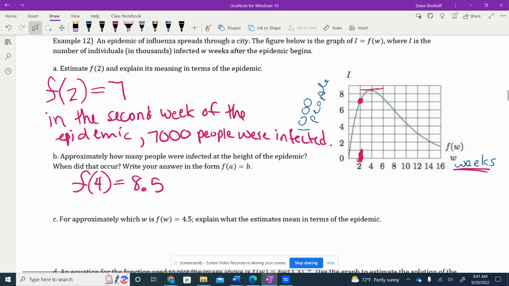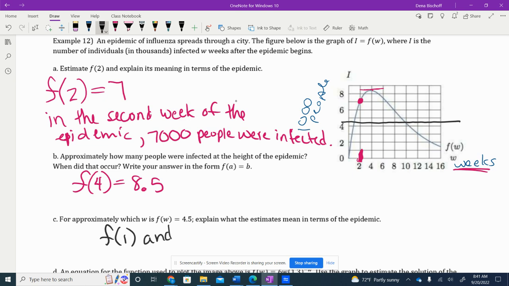When was your output about 4.5? So when did that happen? Week what? 4. It could be at week 1. F of 1.